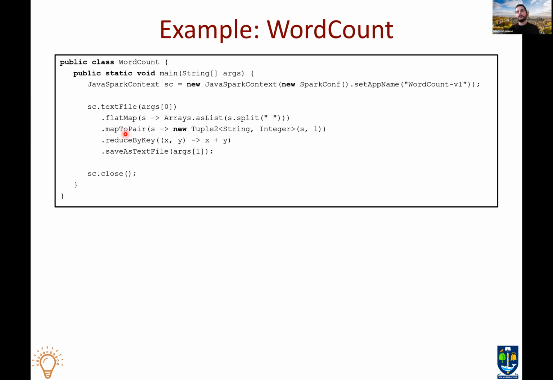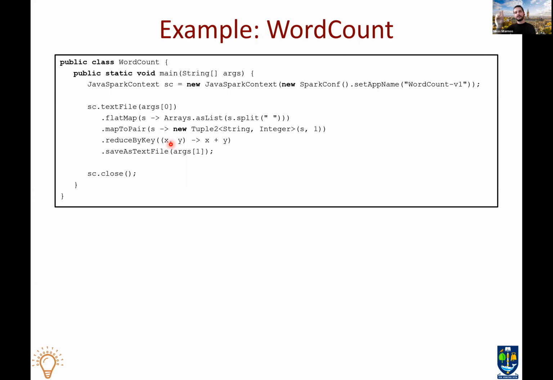And then we mapToPair. So for every word in this list, we create a tuple with the word being the key and the value 1 being the value. And then we reduceByKey, right? So all of these would be grouped together by the word, and the values, we would take them 2 at a time and add them up, okay?